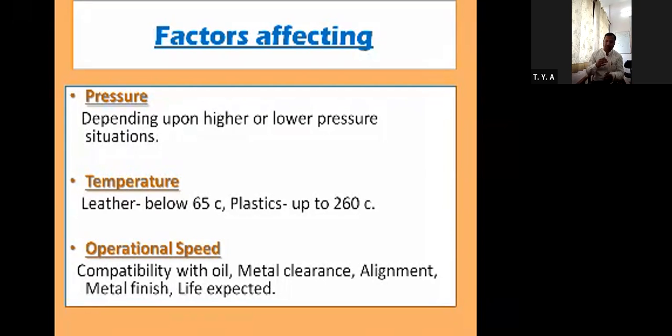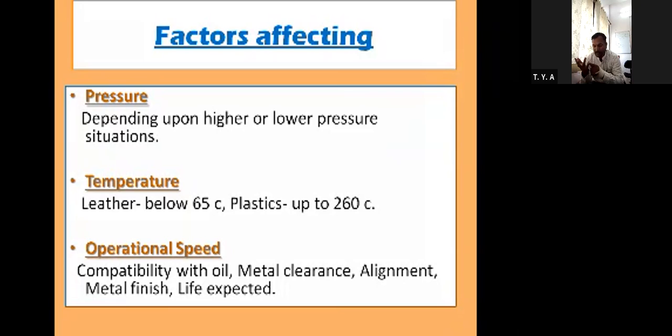In addition to the above factors, pressure, temperature, and operational speed, some other factors are there that we also have to consider. Now the question arises, which factors should we consider while selecting the sealing material of the seal?